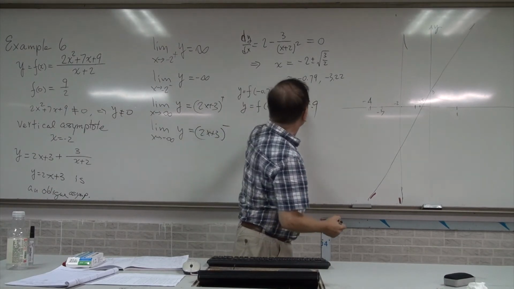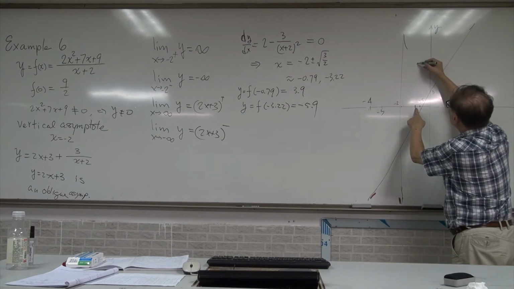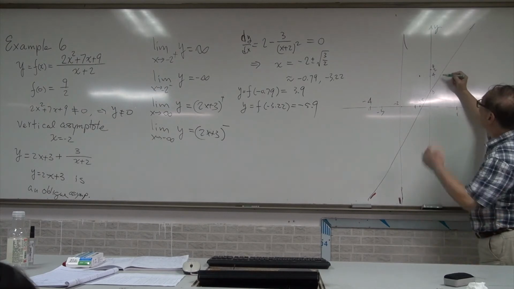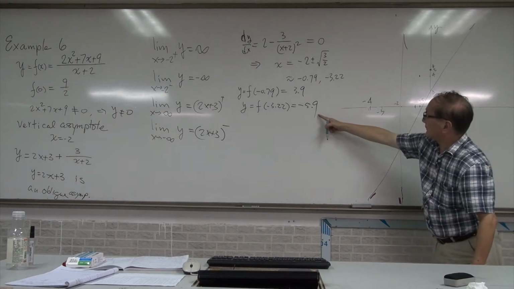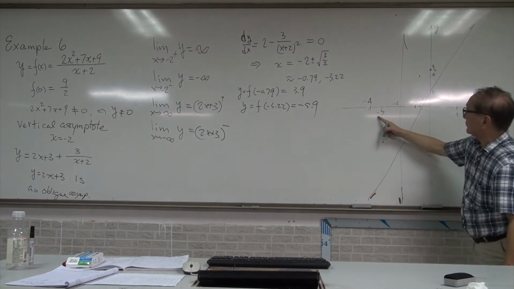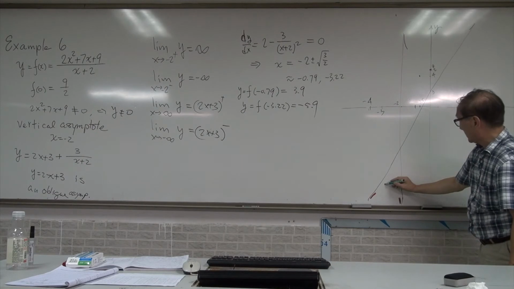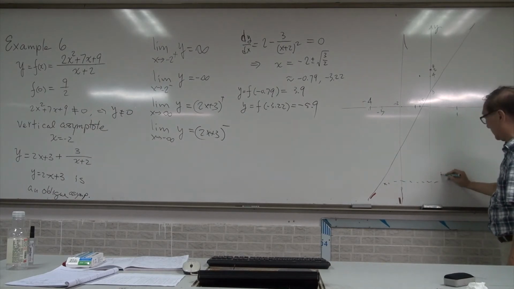So 3.9 is somewhere here. This is 3.9 here. All right? This is a 4, and this is a 2. Okay. And this point is minus 3.22. Y is somewhere here, right? So this is minus 6.